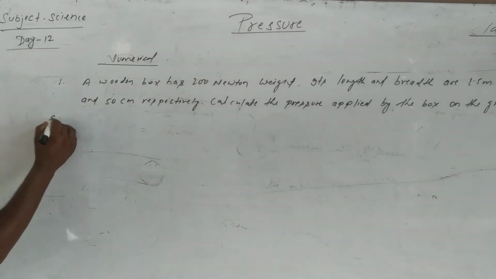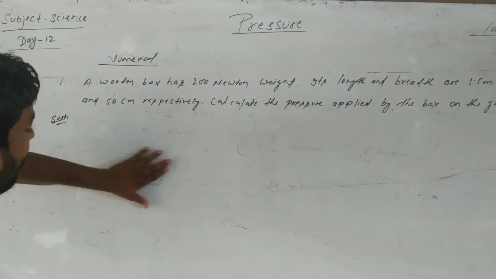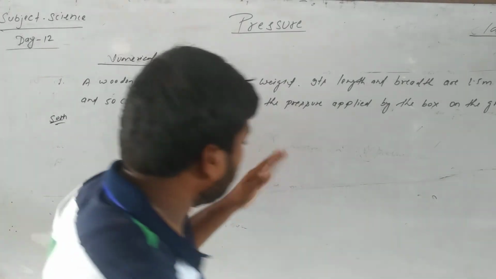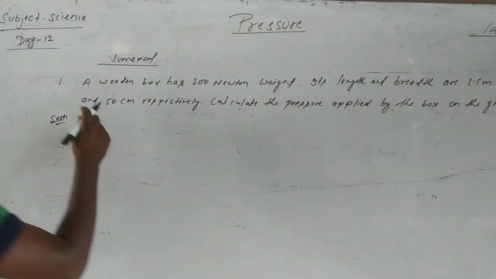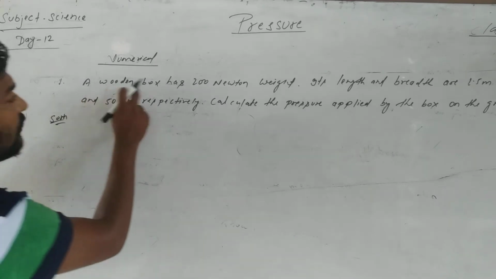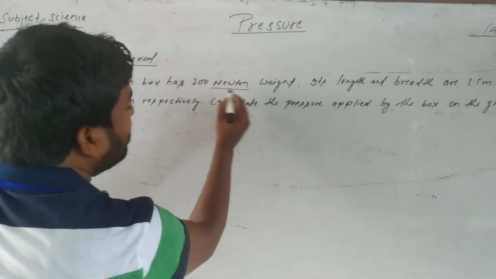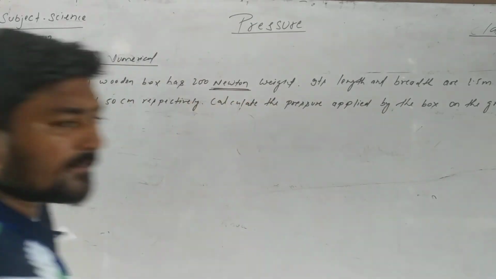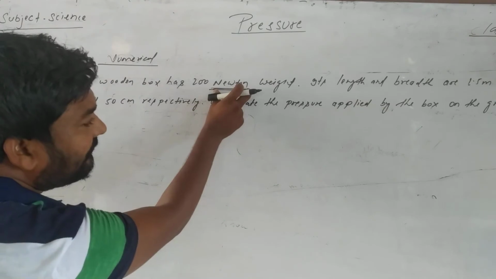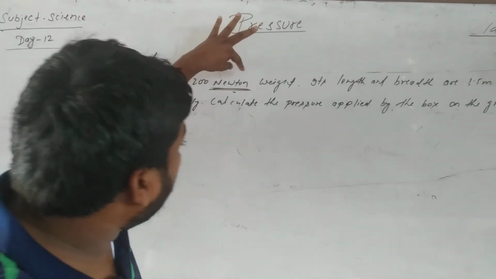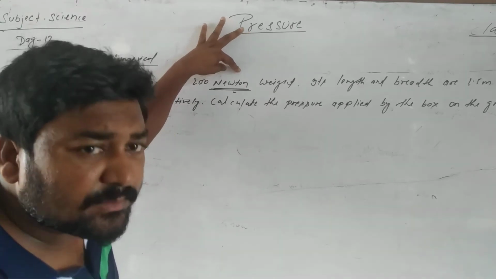So how do you solve this? This is the solution. Do you have any idea? So first, read here. The wooden box has 200 Newton. Newton means? Which quantity is this? Yes, force.